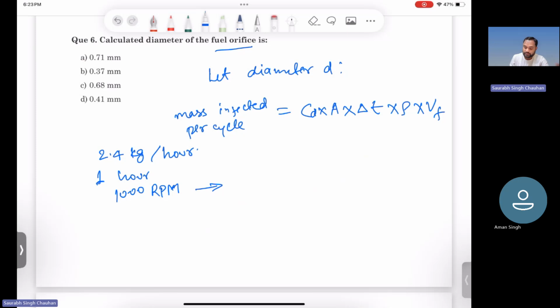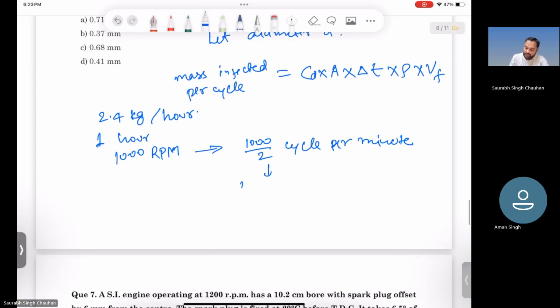Correct. So 1000 revolutions per minute means 1000 divided by 2 cycles per minute. So this means 1000 divided by 2 into 60 cycles per hour.